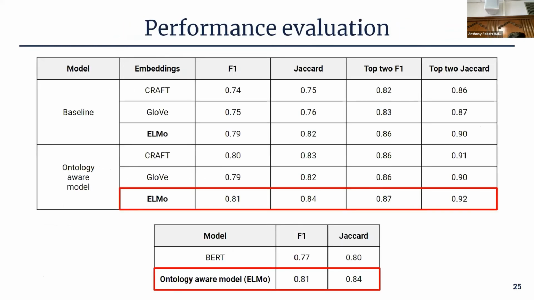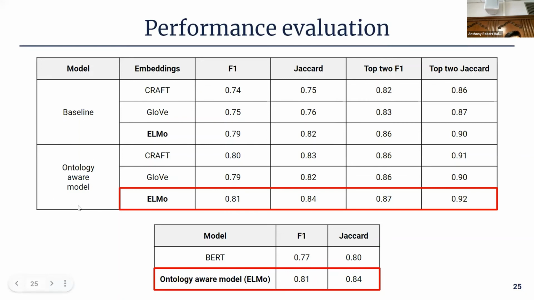So this is what the performance of the model looks like. We have the baseline model, trained on different embeddings, as I have explained before. As you can see, the F1 score and Jaccard semantic score for CRAFT and GloVe are relatively lower than ELMo. In the baseline model, ELMo appears to work best.